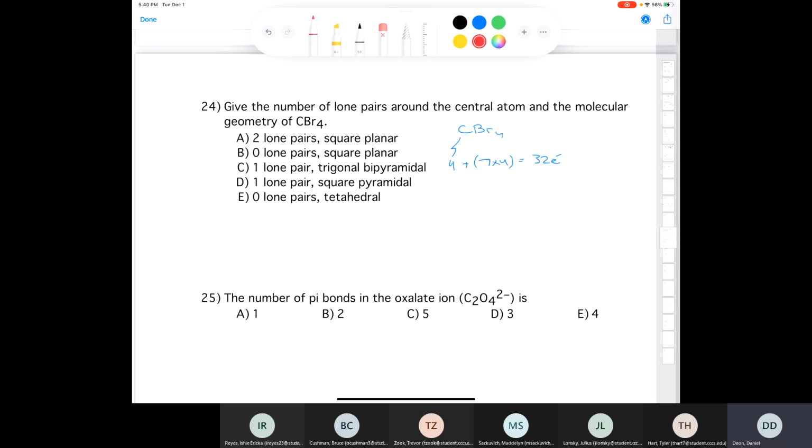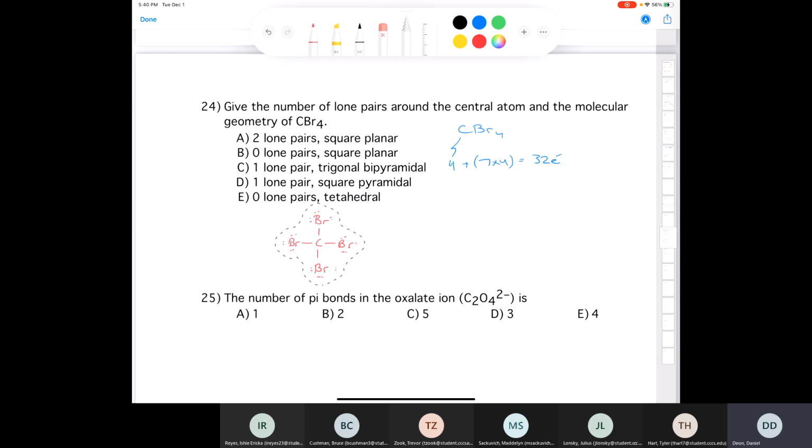Carbon is the less electronegative element, so it's going to be in the center, surrounded by 1, 2, 3, 4 bromines. Carbon's octet is already filled, and each bromine is going to need 3 lone pairs around it like that. And so there's our Lewis structure.